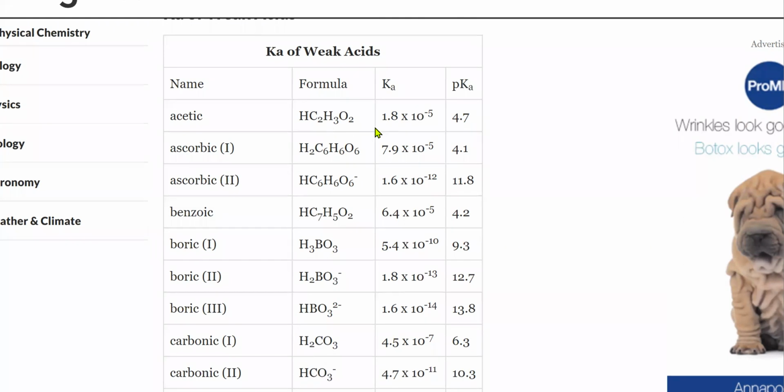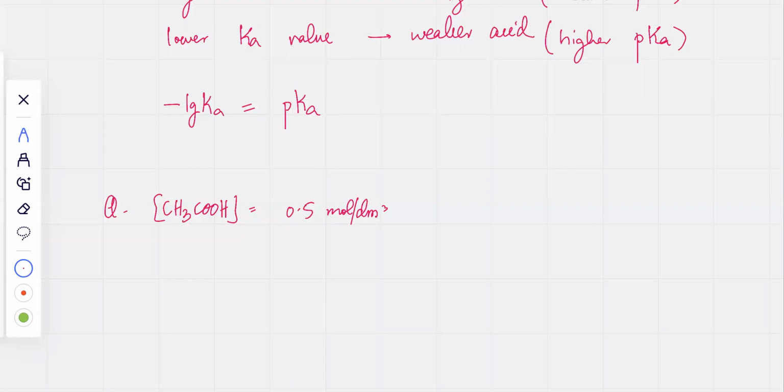Yes, this is ethanoic acid. The value that's given for K is 1.8 times 10 to the power minus 5. So we're going to take that value. So we have K for ethanoic acid, and that is given as 1.8.